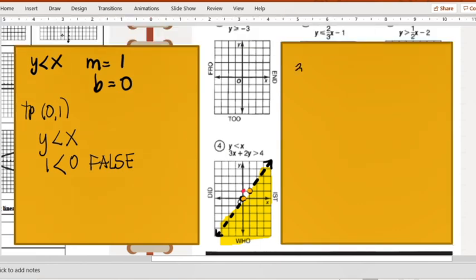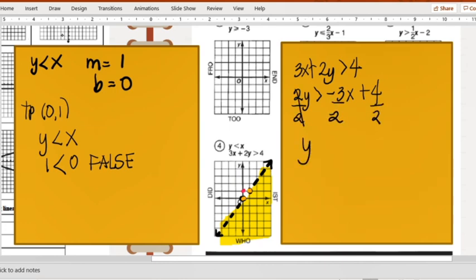Now, here we have 3x plus 2y greater than 4. So, 2y greater than negative 3x plus 4, divided by 2. So, our y is negative 3 over 2x plus 4 divided by 2, which is 2.